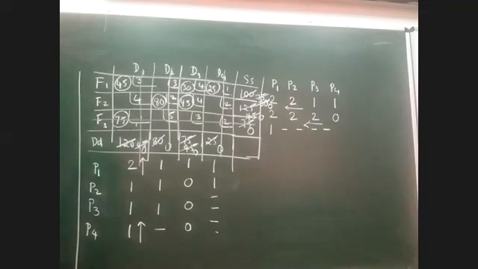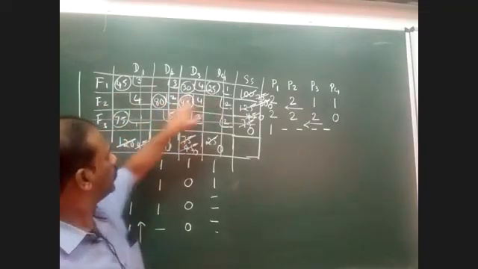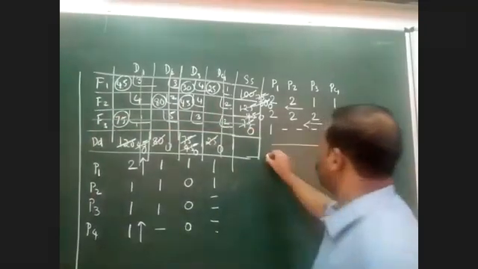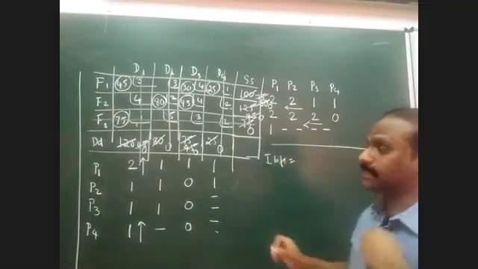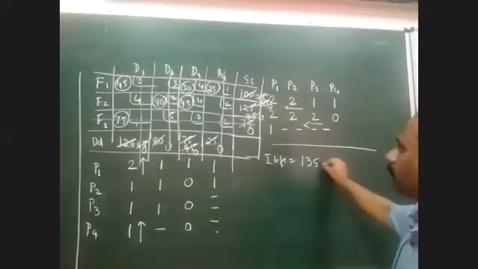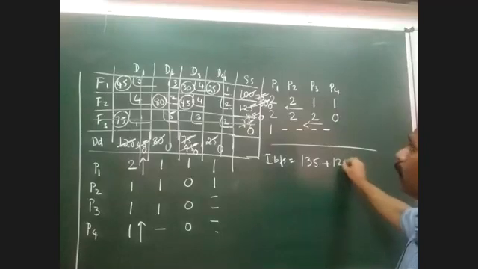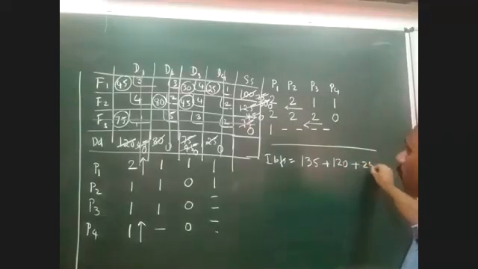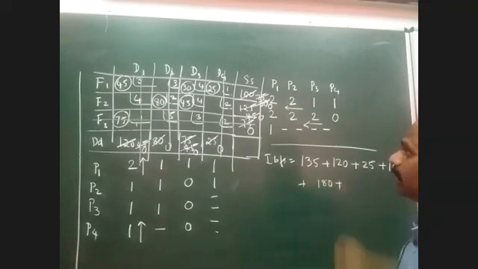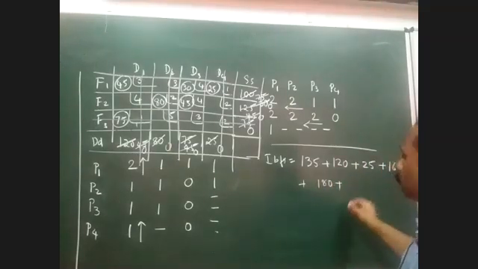Totally, how many allocations do we have here? 1, 2, 3, 4, 5, and 6. 6 allocations are there. So I'm writing the answer here. The initial basic feasible solution is equal to 45 into 3. I want people to please do the calculation. 135. 135 plus 30 into 4, 120, plus 25 into 1 is 25, plus 80 into 2 is 160, plus 45 into 4 is 180, and finally 75 into 1, which will come to 75.